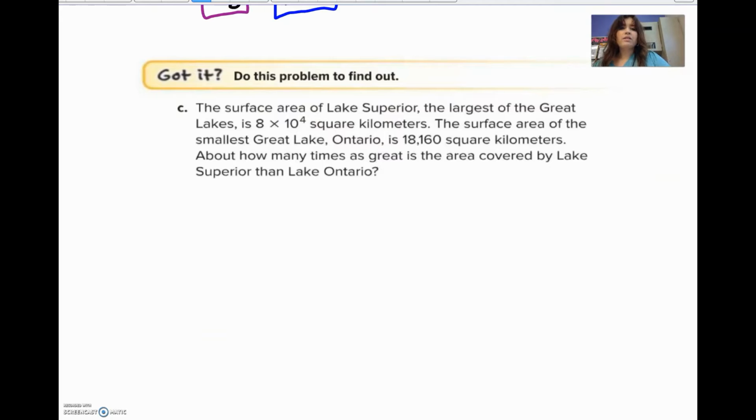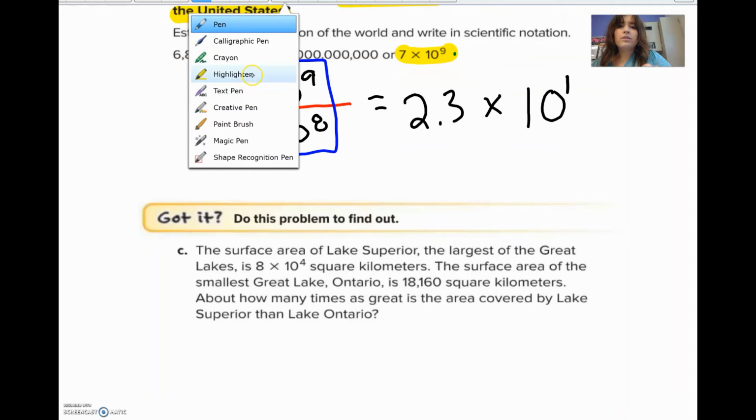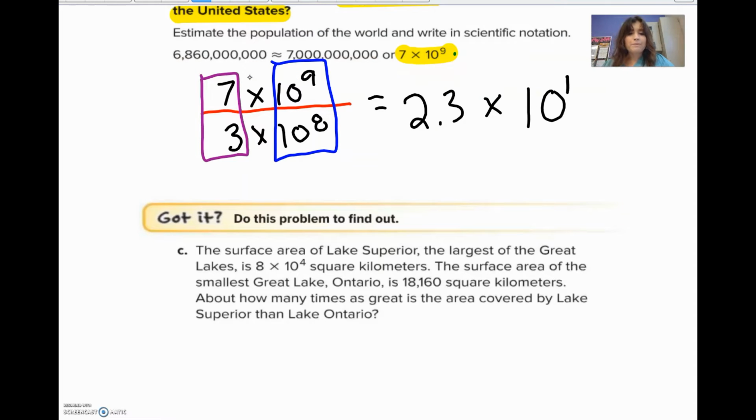So for C, you're going to pay attention to the largest Great Lake, which is 8 times 10 to the fourth square kilometers. And then you're going to look at the surface area of the smallest Great Lake, Ontario, which is 18,160.